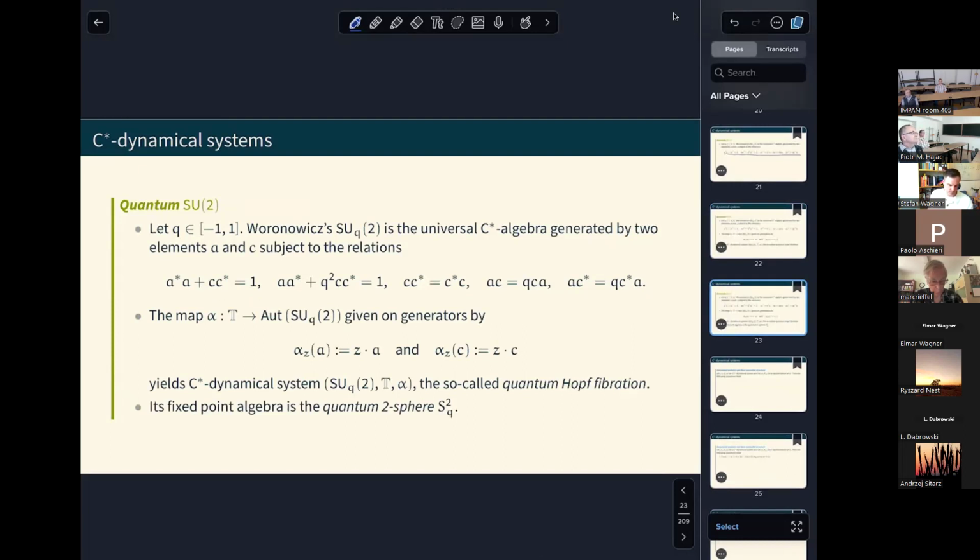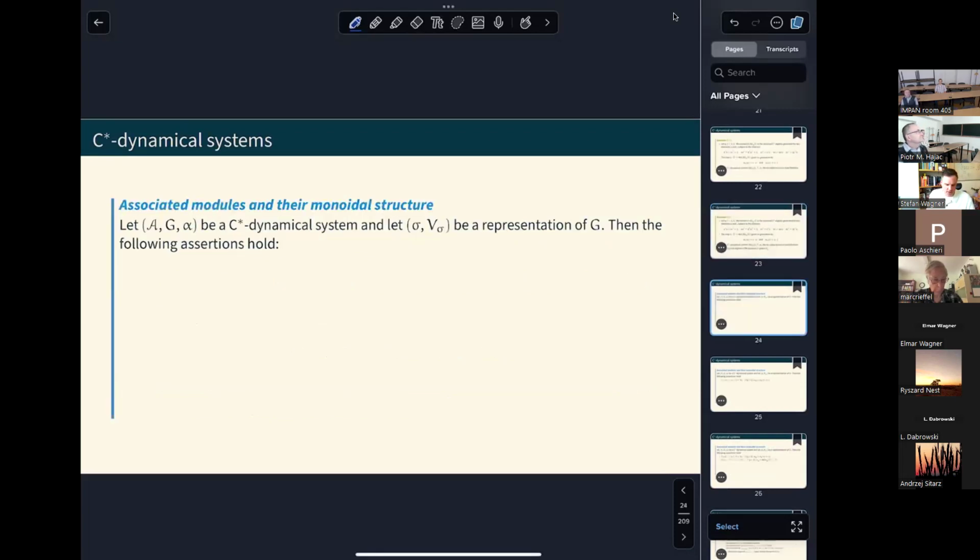All right. So now we've seen a bunch of C-star dynamical systems. What I would like to tell you now is about the associated modules and their monoidal structure. So whenever you have a C-star dynamical system and you take a representation of your structure group, then the following assertions hold.